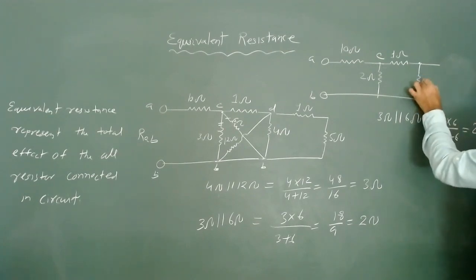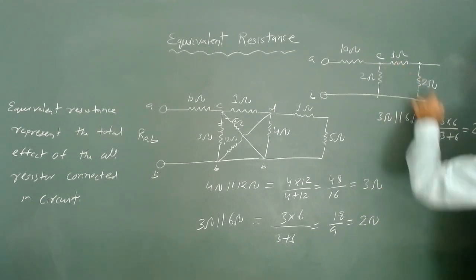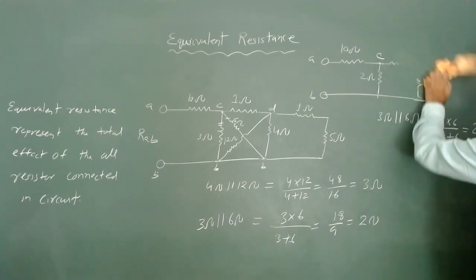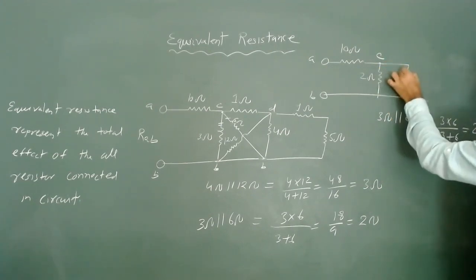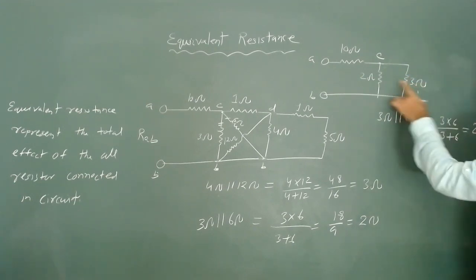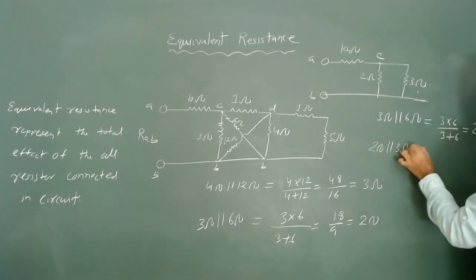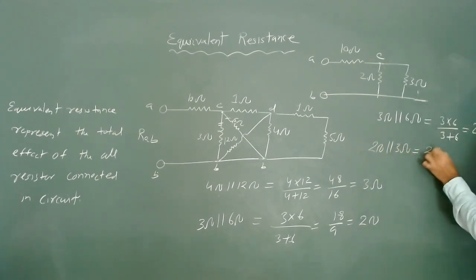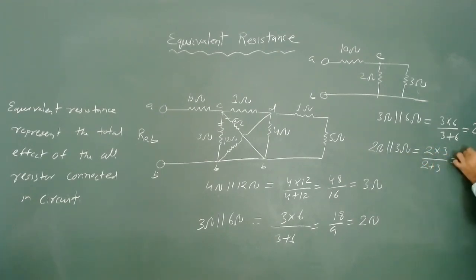Now again this 1 ohm and 2 ohm resistors are in series, so this will give me a total 3 ohm resistance. So I can remove this one and put one more resistance here, 3 ohm. Now again this 2 ohm and 3 ohm are in parallel, so 2 ohm parallel to 3 ohm gives 2 into 3 upon 2 plus 3, that means 6 upon 5, which is 1.2 ohm.